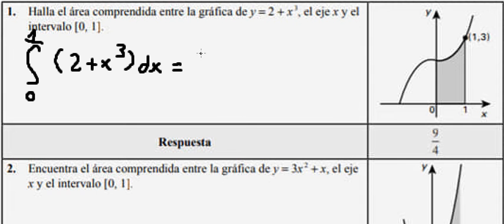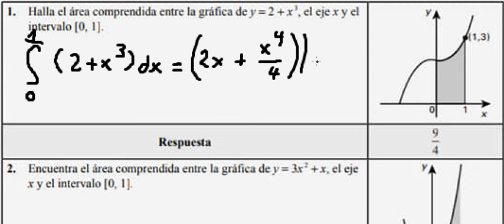So we get 2s plus s to the power of 4 over 4, and we have the boundary from 0 to 1.